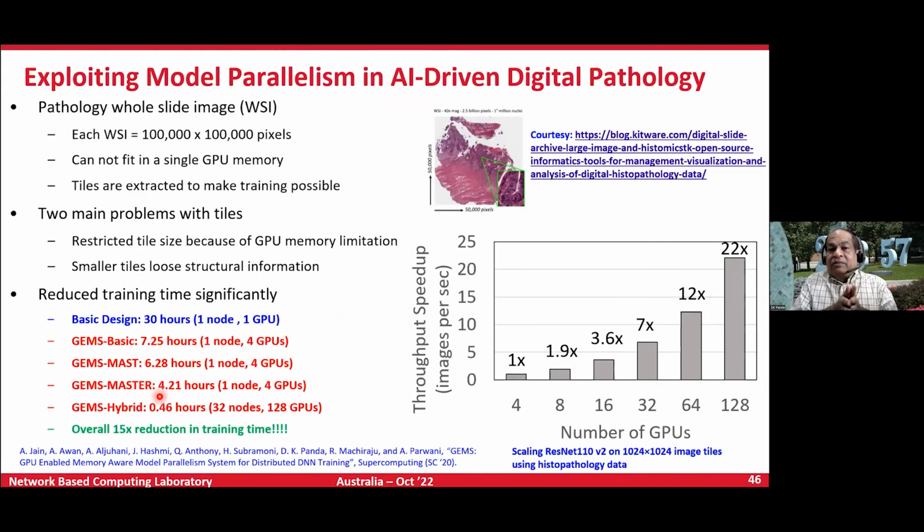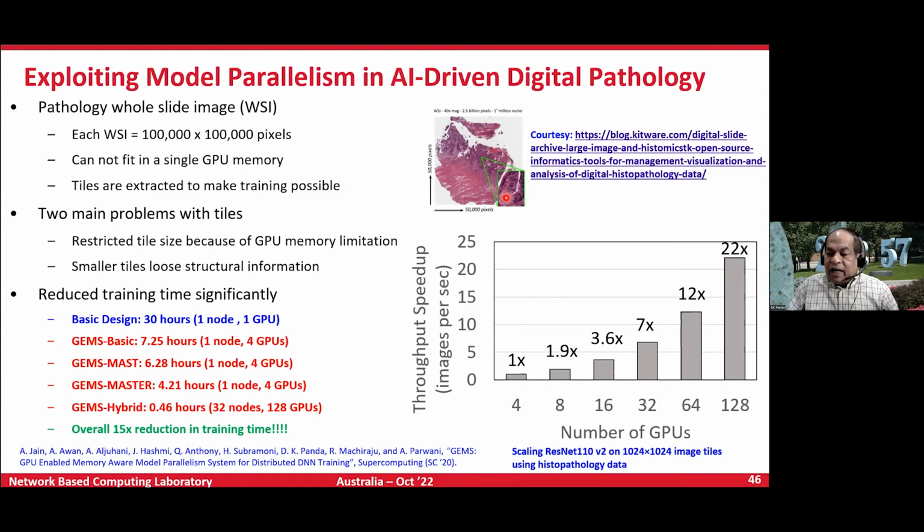Now, not only are we able to show the basic level, where you can enhance the training, we are actually working with some of our pathologists. This is a very concrete example. We are working with a pathologist at Ohio State. They were trying to work with whole slide images, and each of these images is like 100,000 by 100,000 pixels. They cannot fit into a single GPU memory.